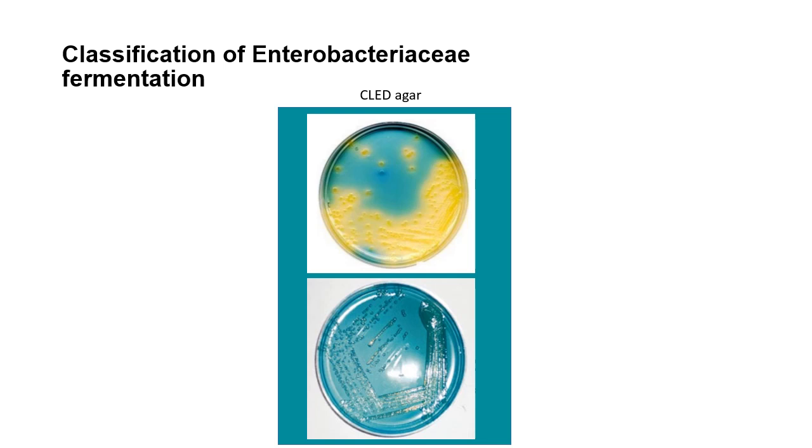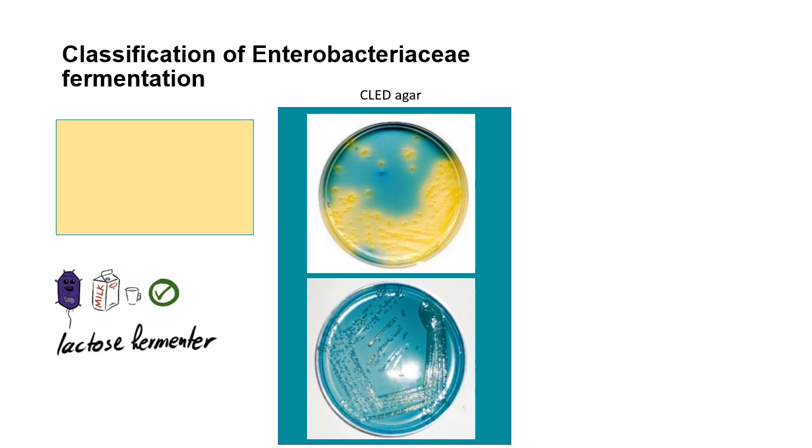Lactose fermentation is a very important process in which the bacteria can be grouped into two main groups. Lactose fermenters will turn the color of the agar from blue into yellow. Lactose fermenters are mainly E. coli and Klebsiella pneumoniae. Both bacteria can utilize lactose in the medium and then it converts to yellow.